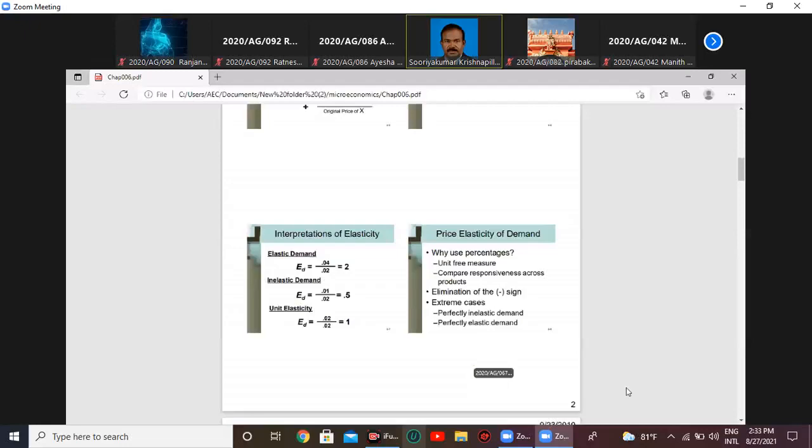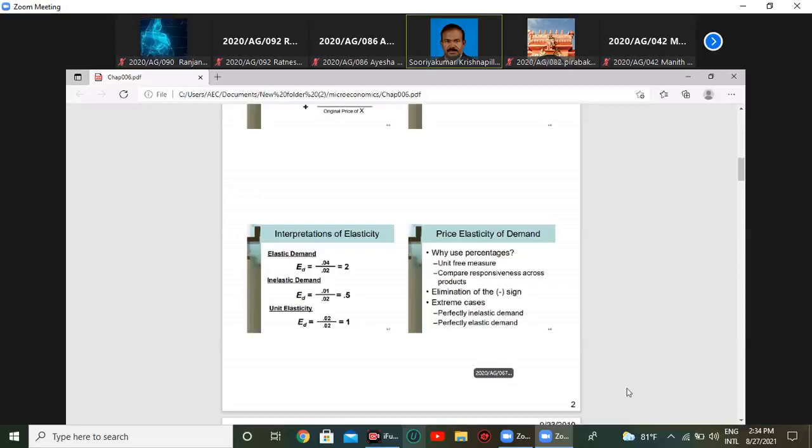So we ignore that negative sign, and then we will not have confusion. Because 2 is greater than 0.5, 2 means elastic demand, and consumers will respond more to a price change.